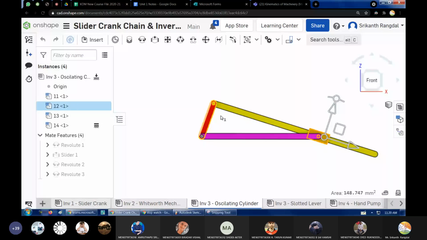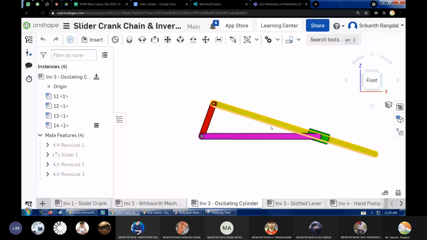This kind of engine has a lot of vibrations, so unless we can balance them properly, we will not go for it. Practically it is very difficult to use, but it is one of the possibilities, and hence we are studying it here. But we cannot use it for a quick return mechanism.